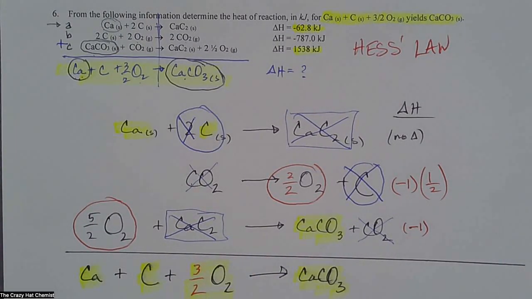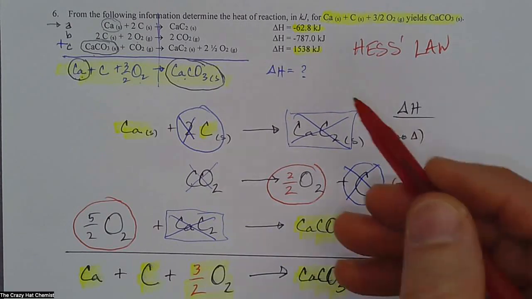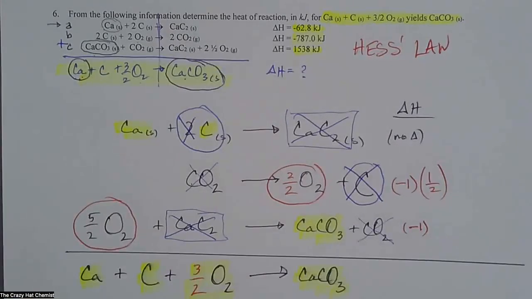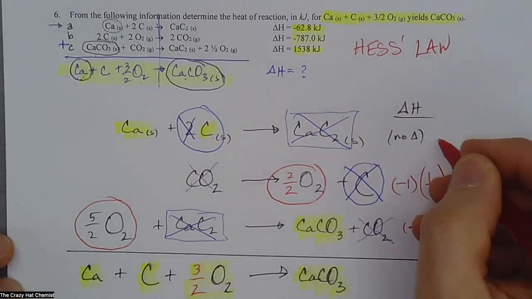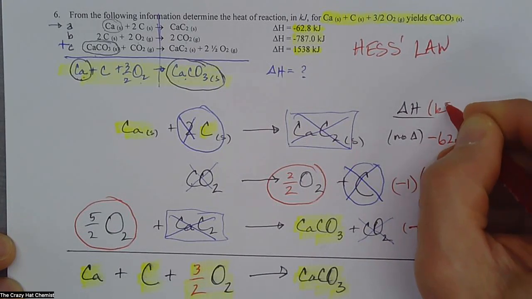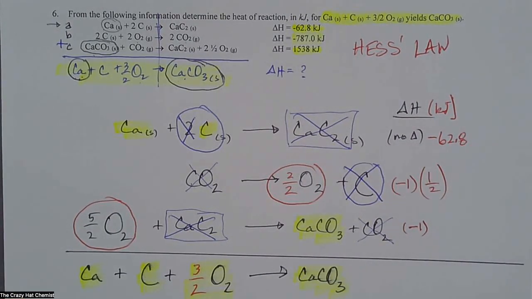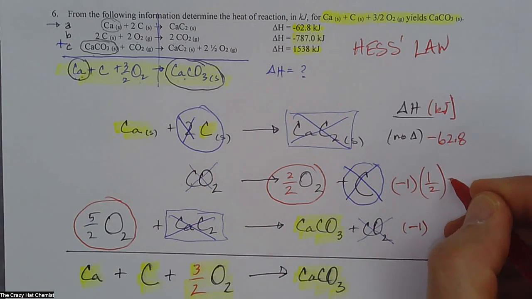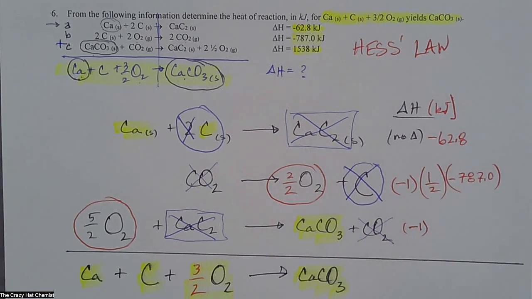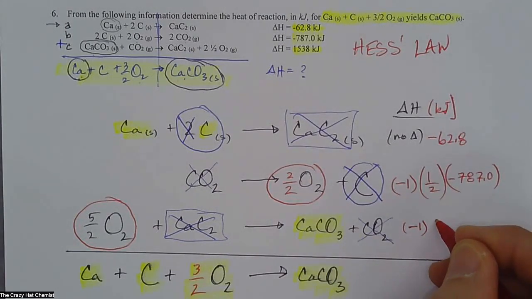So now what I'm going to do is work with the numbers which were up here at the beginning for each of these. So we have -62.8. These are all in kilojoules. And then we had -787.0. And then we had 1538.